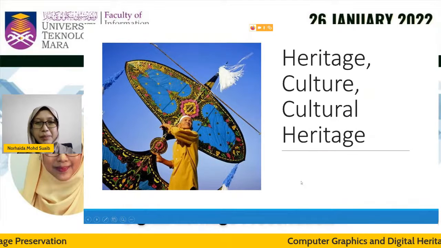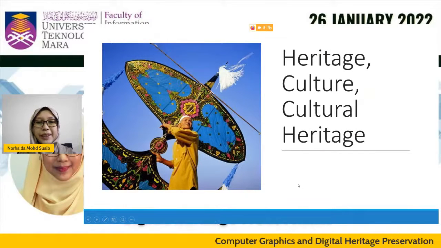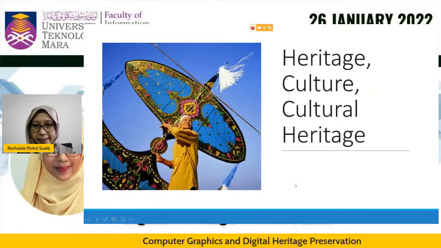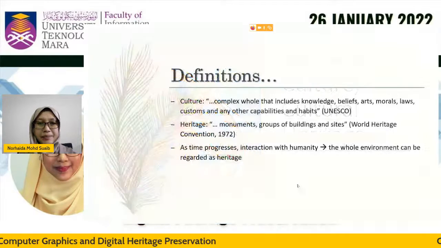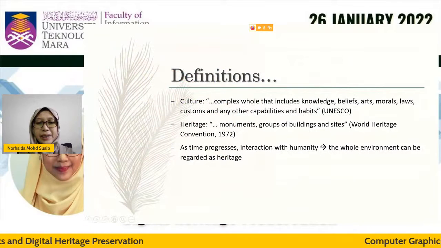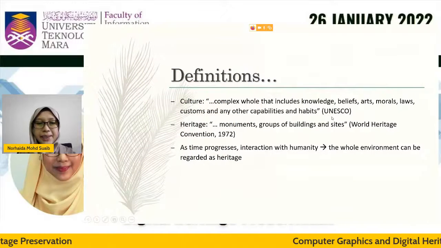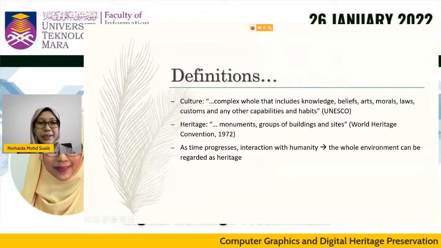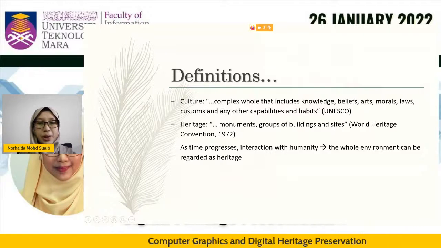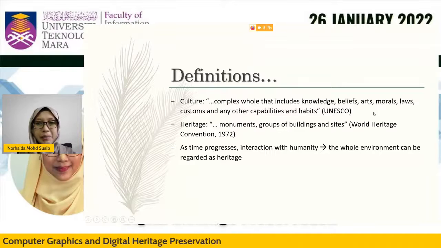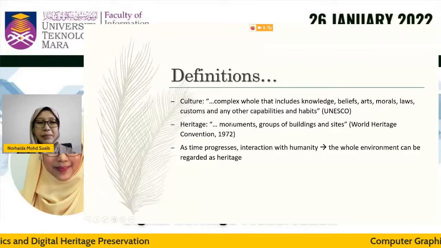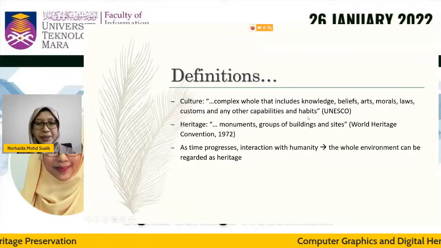Okay, so before we move on, let us see how heritage and culture are defined. I took the definition from UNESCO, in which they refer to culture as a complex whole that includes knowledge, belief, arts, morals, law, custom, and any other capabilities and habits.